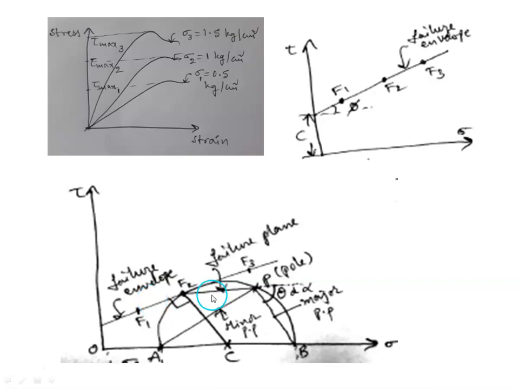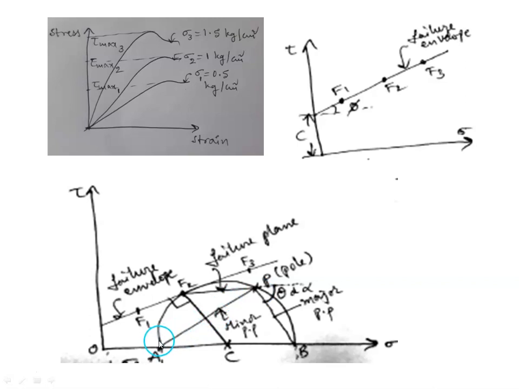So here, because we know that the failure plane is horizontal, we will be drawing a horizontal from the failure point, which will intersect the semicircle at a particular point, which is called pole of the Mohr circle. Now join the endpoints of the semicircle to the pole, so that we will be getting the major principal plane and minor principal plane.